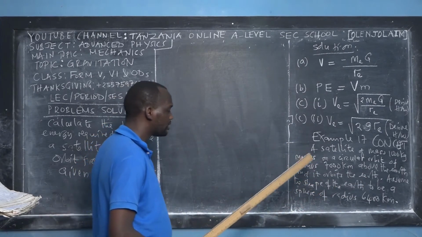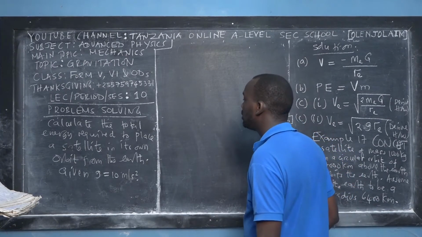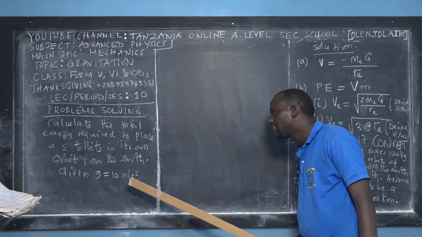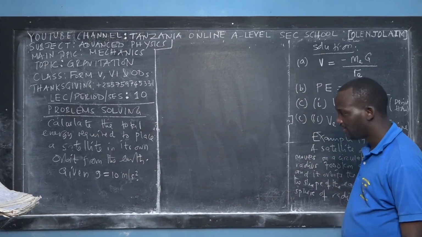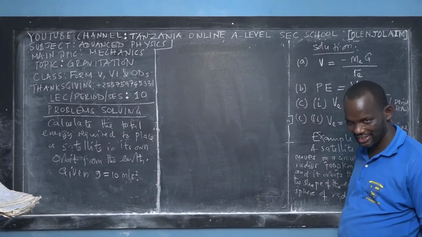Assume the shape of the Earth to be a sphere of radius 6,400 kilometers. Calculate the total energy required to place a satellite in its own orbit from the Earth, given that acceleration of gravity is 10 meters per second squared.